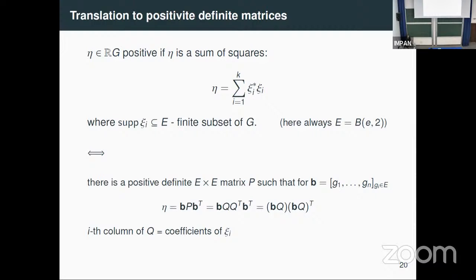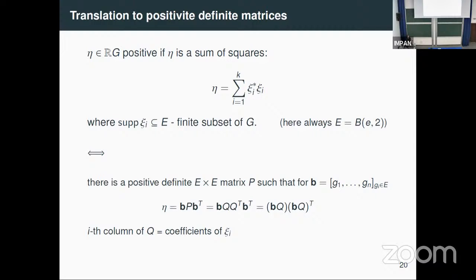It's easy to notice that eta being a sum of squares can be rewritten in the following form. Enumerate the group elements in the set E, so these form the basis. The condition becomes that b transpose P b, where P is a certain positive definite matrix, is equal to eta.